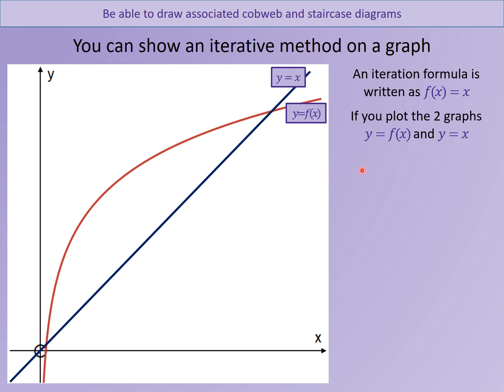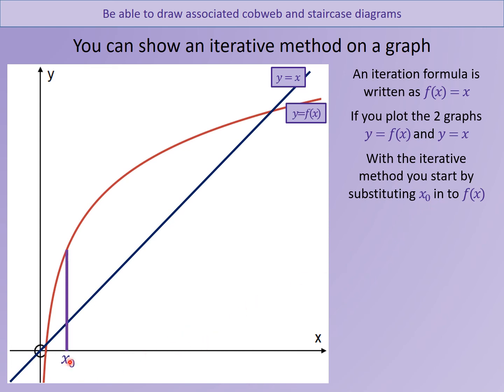So what do I usually do then? Well, I usually start with some number, x0. I'm given an x0 value, and I start by taking that x0 and putting it into this function here. This function has usually got xn's in. So I take my x0 and I substitute it into the function. That's important.